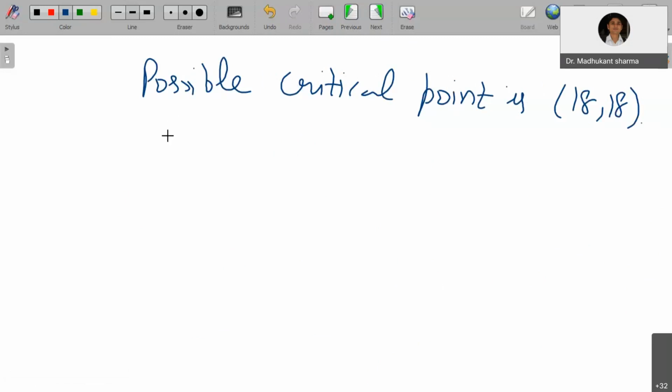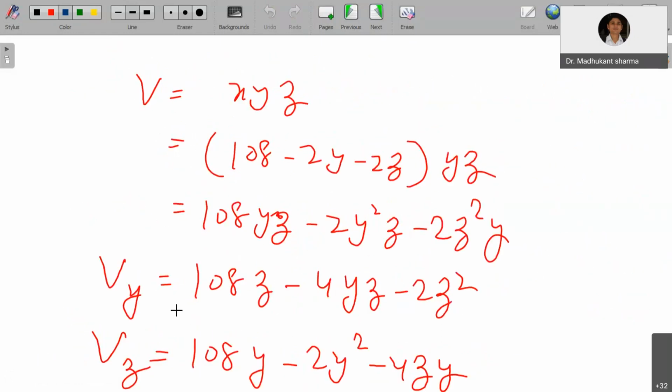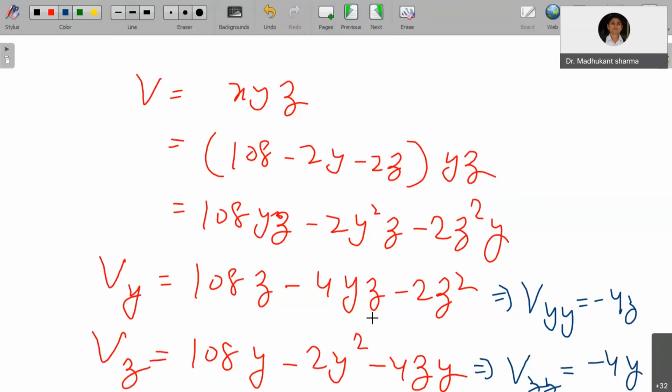Now, what is vyy? If you differentiate again, it's going to be minus 4z. So this implies vyy is equal to minus 4z, and vzz is equal to minus 4y. And vyz I can also find out: differentiate any one with respect to z.